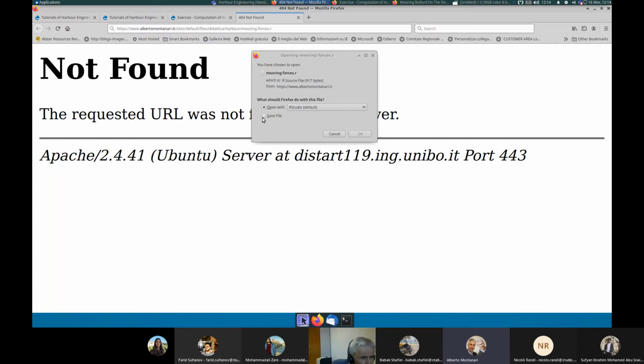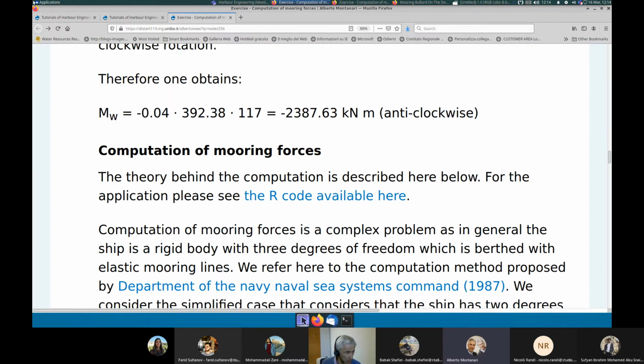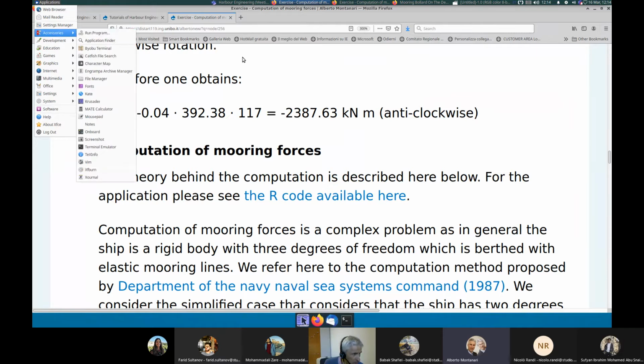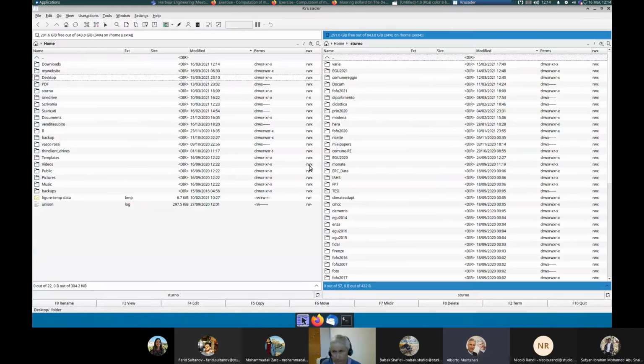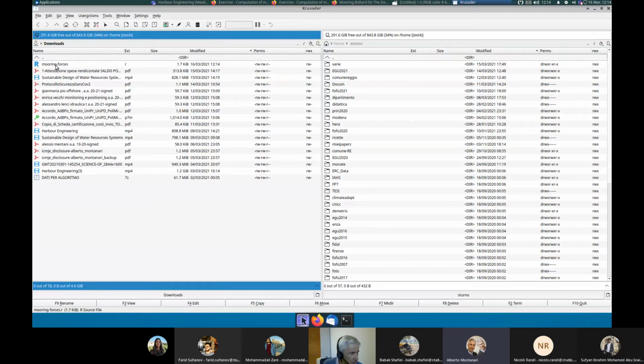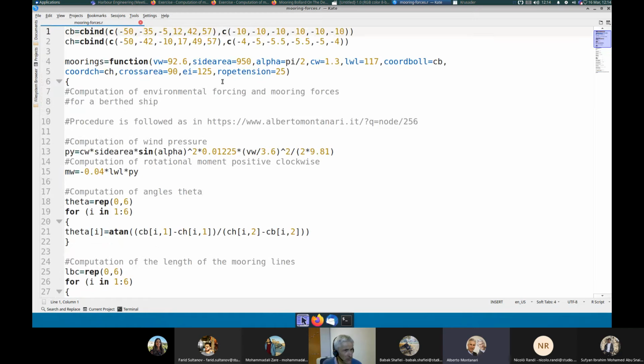I would like to open it. So let me save the file. You should be able to find the link directly. And let me see, I open it with a text file. Give me 1 second. So here we are. Okay, downloads, mooring forces. And then let me, okay, very good. Very good. Okay, this is the R code.